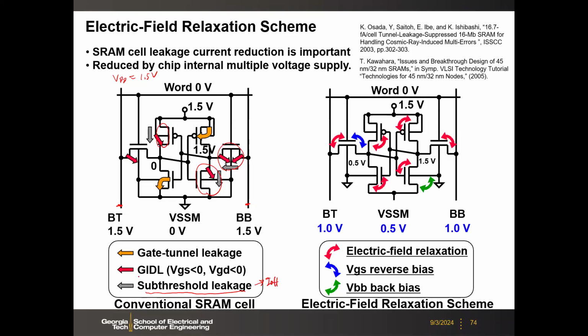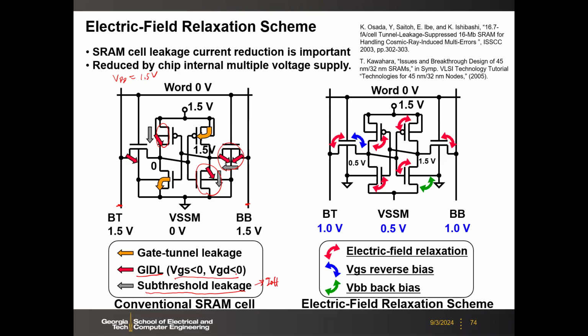For example, this red one called GIDL, gate-induced drain leakage. This is called GIDL current. We will maybe talk about more physics later, but here, what you need to know is that GIDL current happens in this condition.